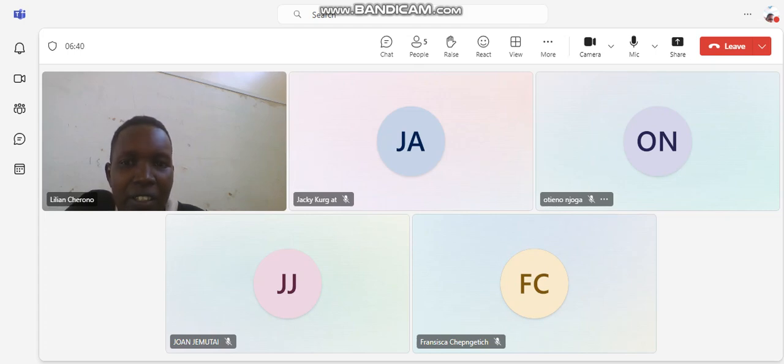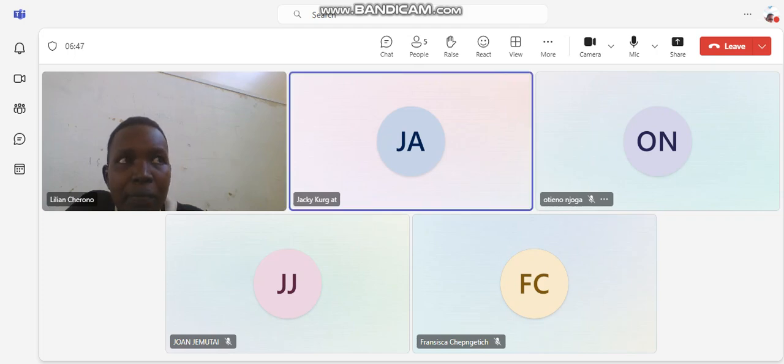Who can give us the difference between the two types? Joan? Yes, madam. Gram positive bacteria have a thick cell wall, while gram negative have a thin cell wall. Okay, that is good.